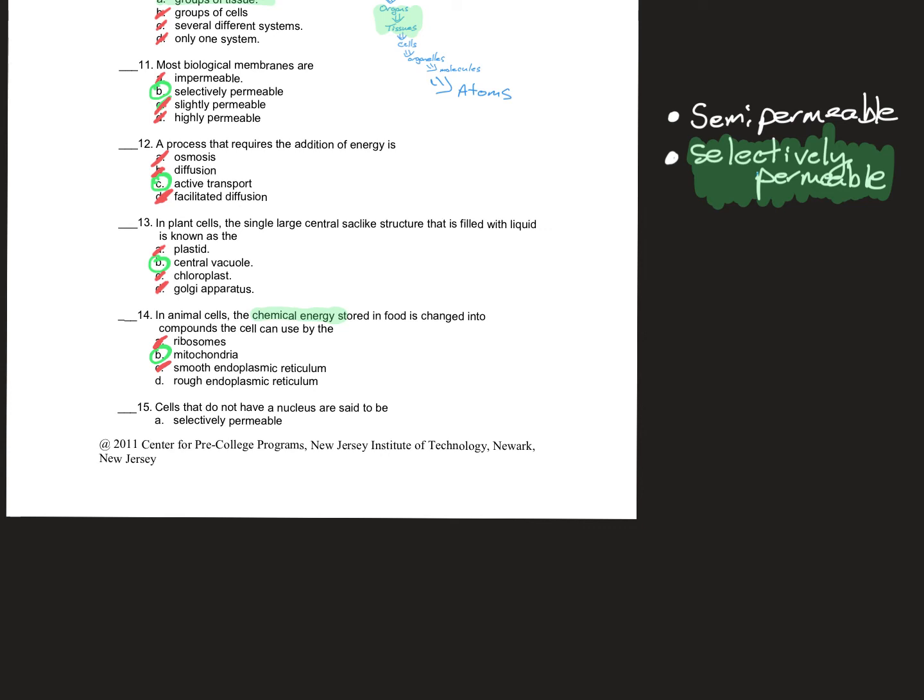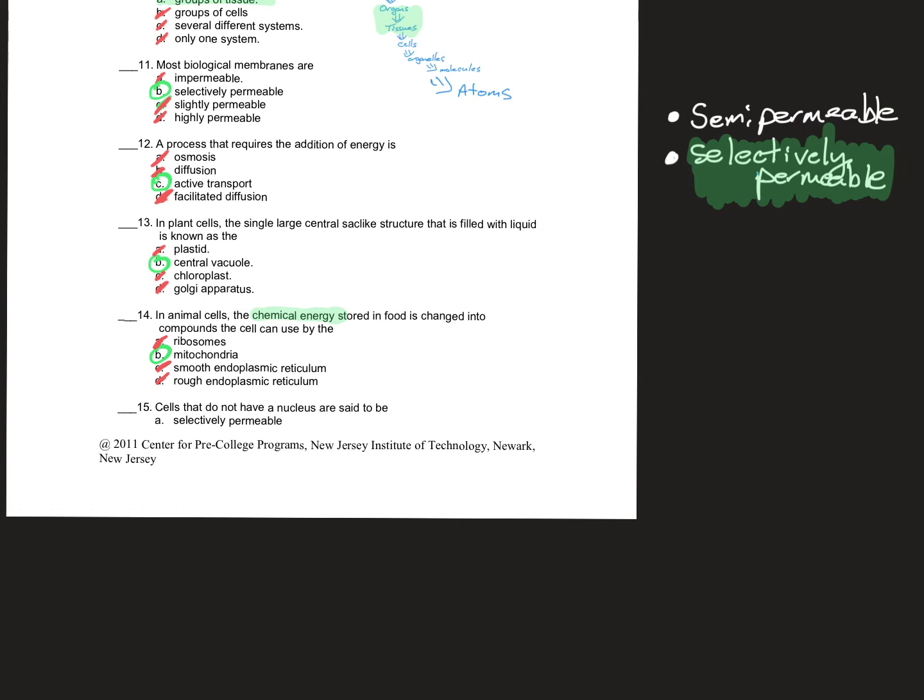The rough ER is where ribosomes are attached to actually produce the proteins that are being secreted, leaving the cell, or are going to be membrane bound. So these are organelles and how they function. Again, the Quizlet, the book, you were told you had to know what they did.